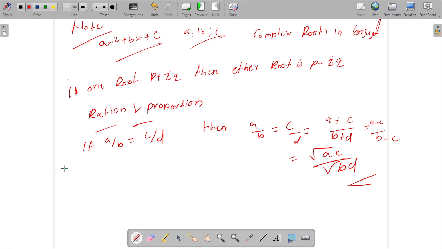If you have any idea about how the compound term will be, you can write componendo and dividendo, summation and difference.